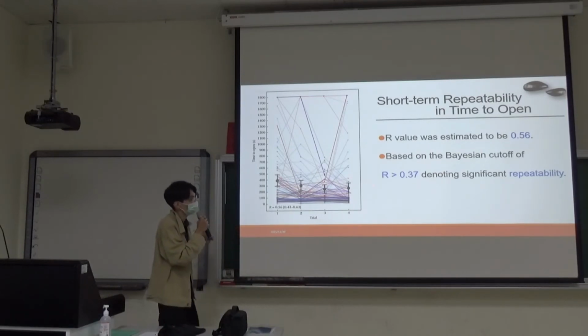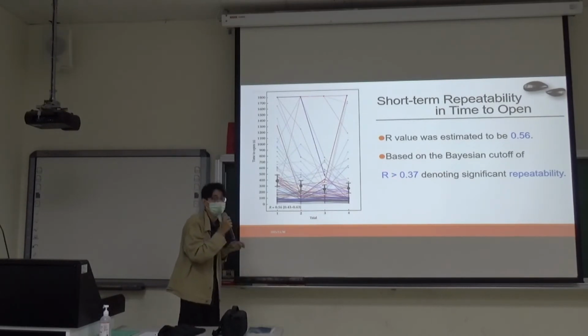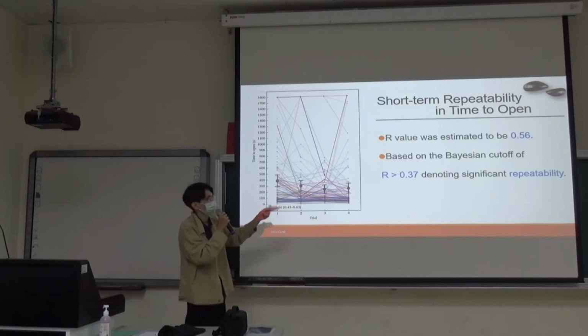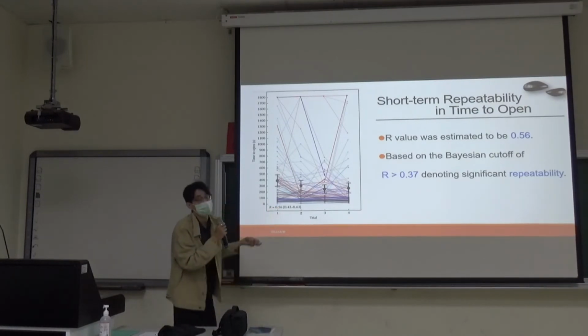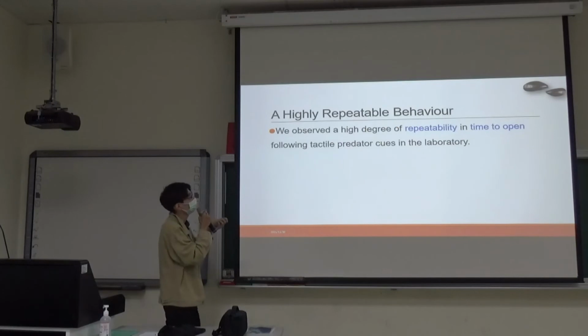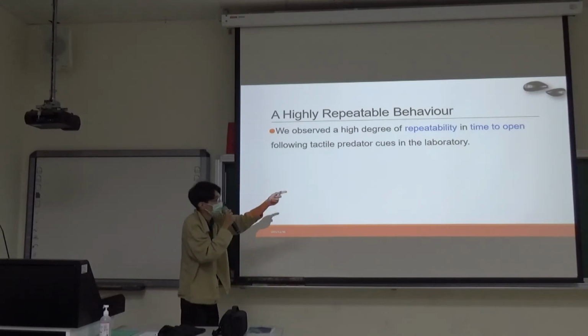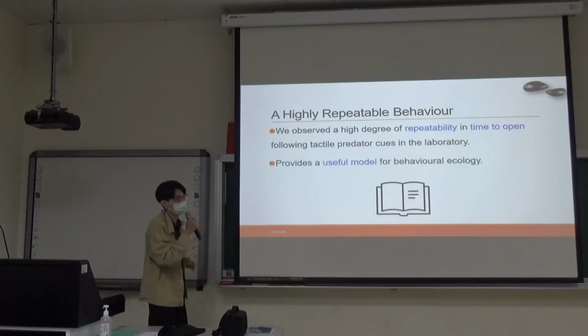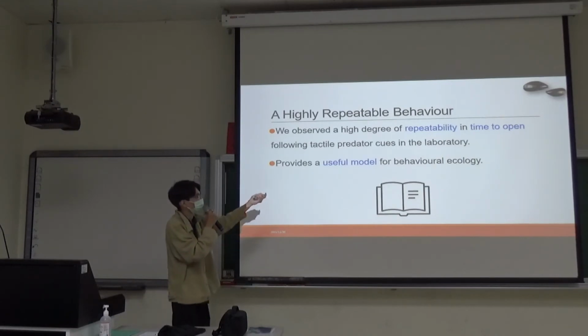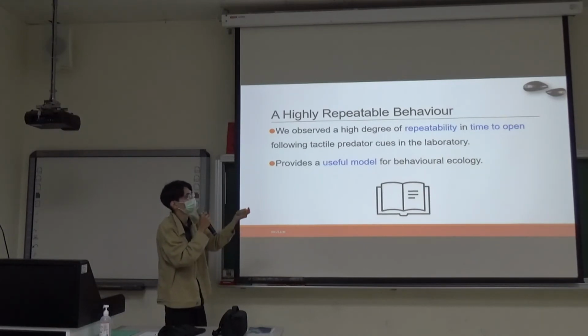When the R value is larger than 0.37, it denotes significant repeatability. So, according to the result, we observed a high degree of repeatability in time to open. This can provide us a useful model for behavioral ecology.